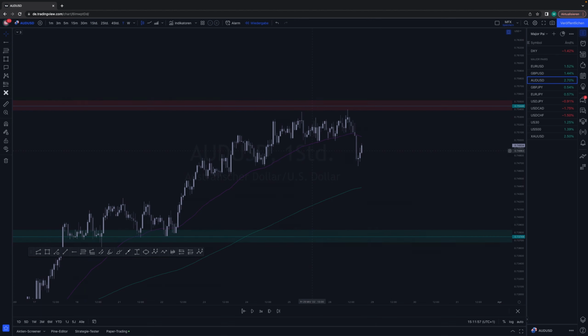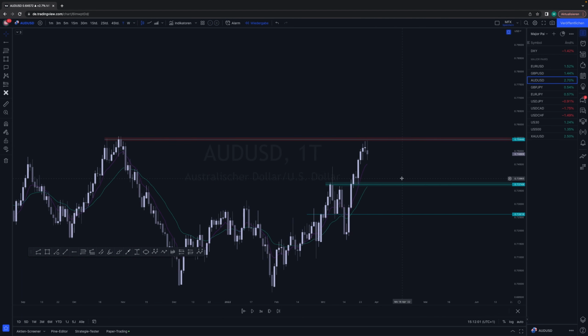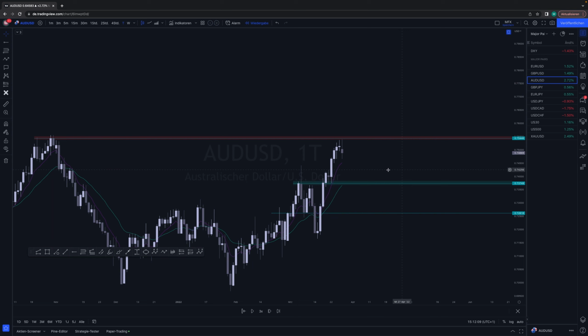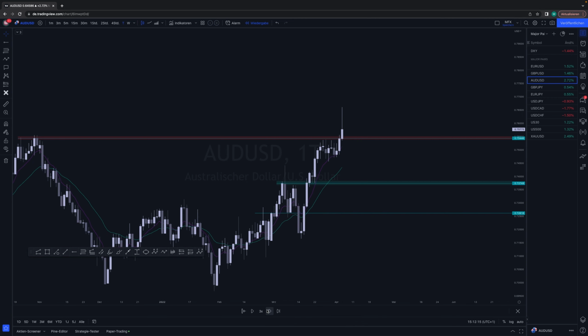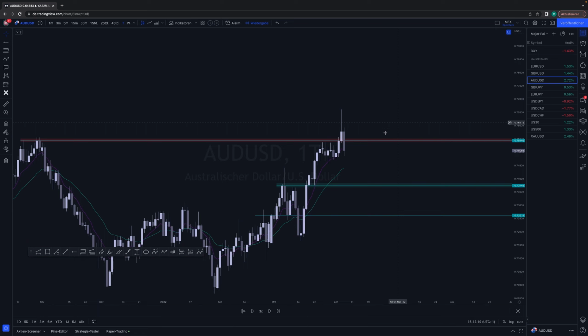Now you can let it run to the next support area right here, but the chances are much higher that the market wants to break through this zone and retest it and go higher, because we are in a massive upwards trend. So when I play this forward, you can see the market smashes through this zone.